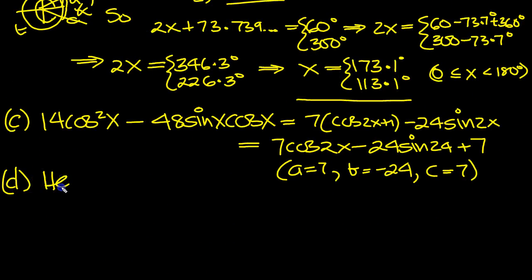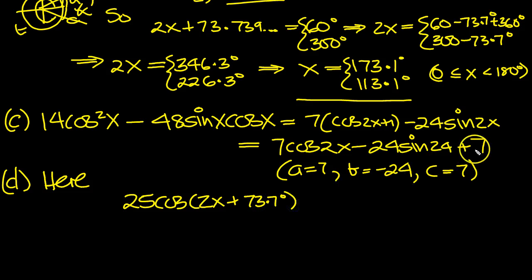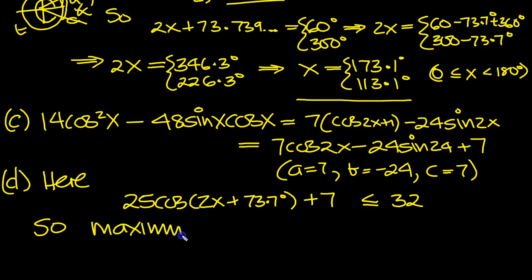So this is r, which is 25, cosine of 2x plus 73.7 degrees, plus 7. When is that maximum? That will be less than or equal to, cos varies from 1 to minus 1, so this will go up to the value of 32. So the maximum value is clearly 32.